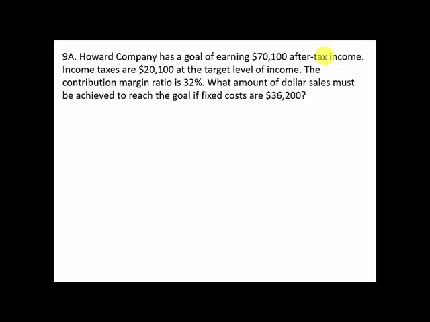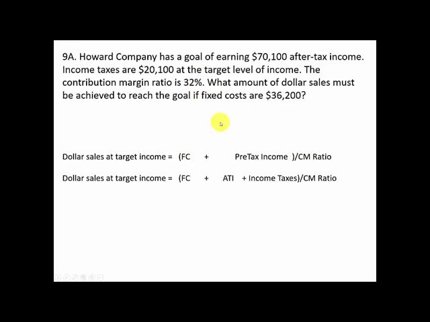So let's go through this. Dollar sales at target income will be, the formula for this is fixed cost plus pre-tax income. Notice that our number here is expressed as after-tax income. So we got to convert that after-tax to a pre-tax income. So anyway, it's fixed cost plus pre-tax income added together divided by contribution margin ratio, which was 32%.